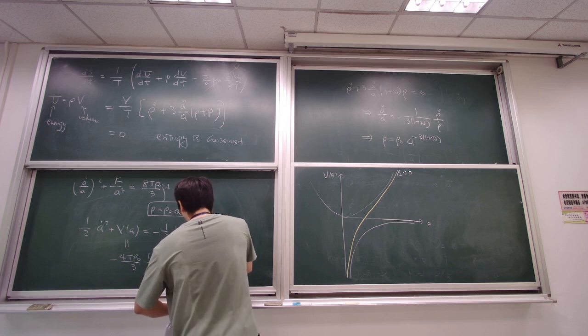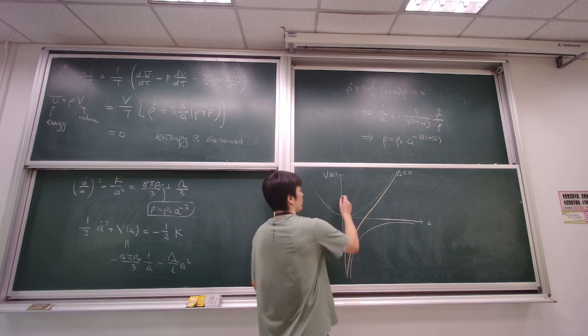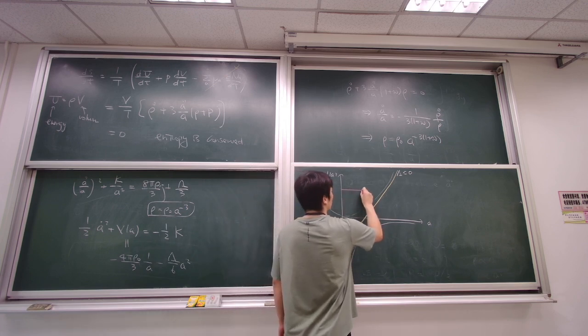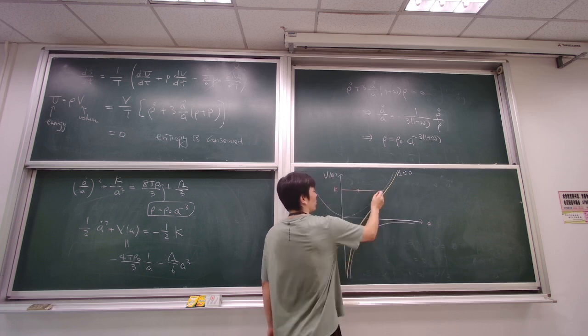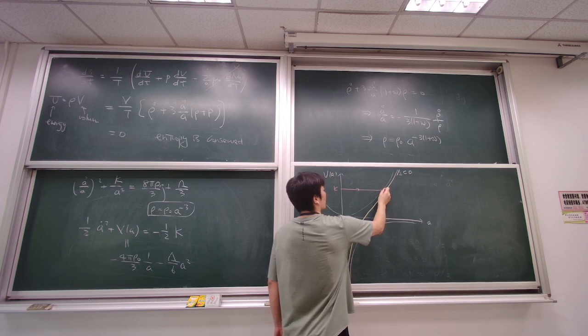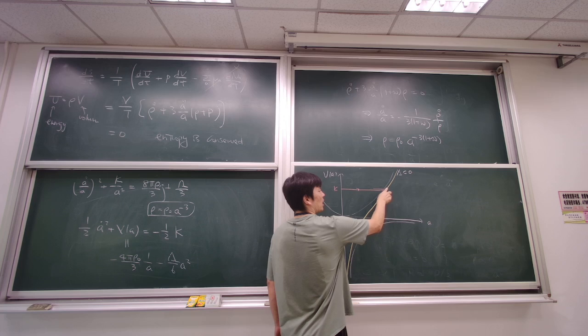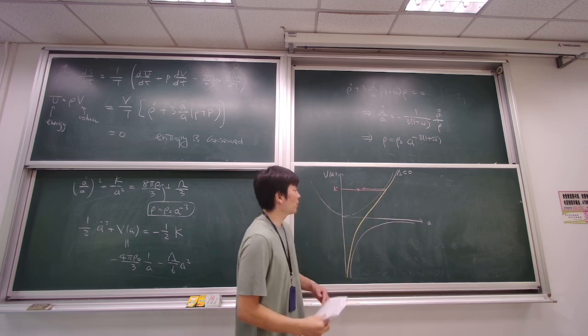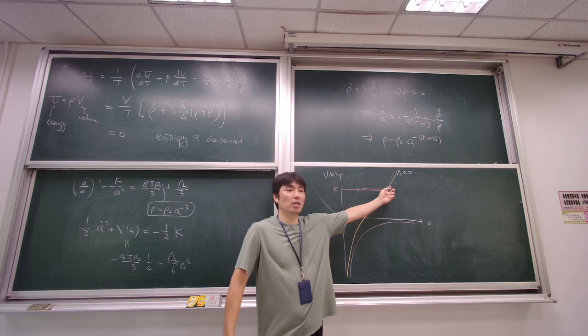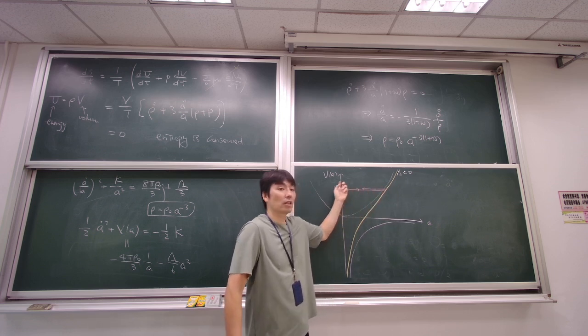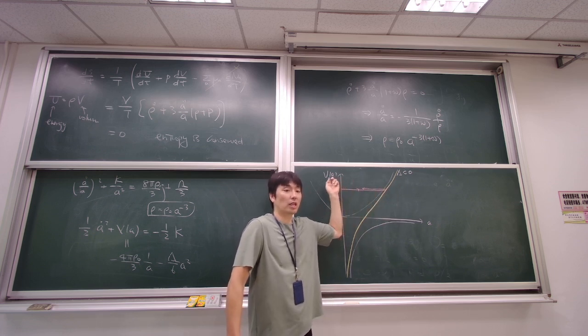Depending on whatever value k takes, k is here. Even if k is positive, it hits the potential wall and comes back. So whatever the universe starts with, it reaches a maximum and goes back, shrinking. The universe starts shrinking.